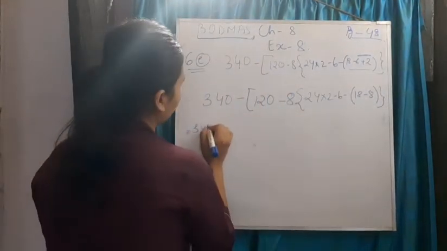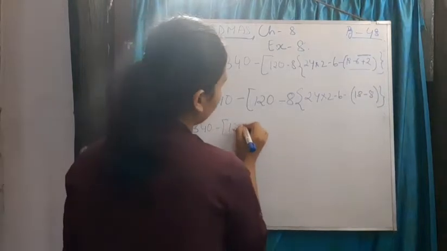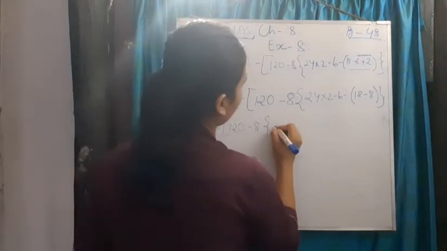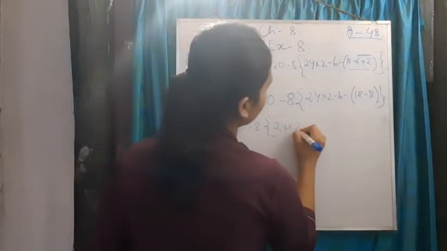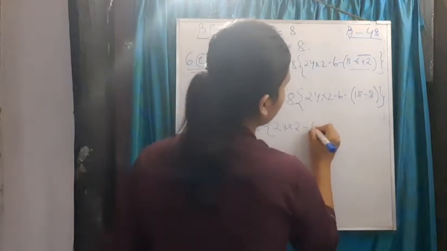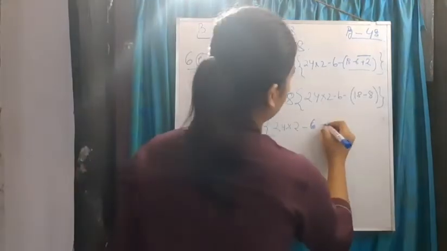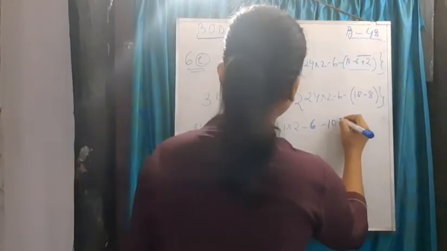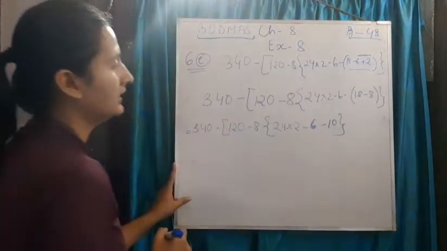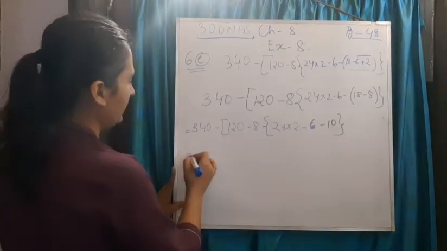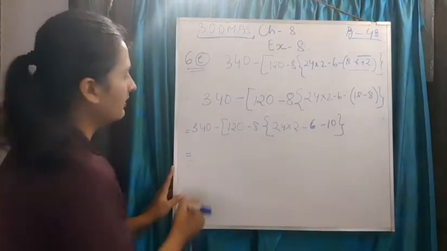So 340 minus 120 minus 8, 24 into 2 minus 6. So 18 minus 8 will be how much? Minus 10, right? I hope that till here you are able to follow me.